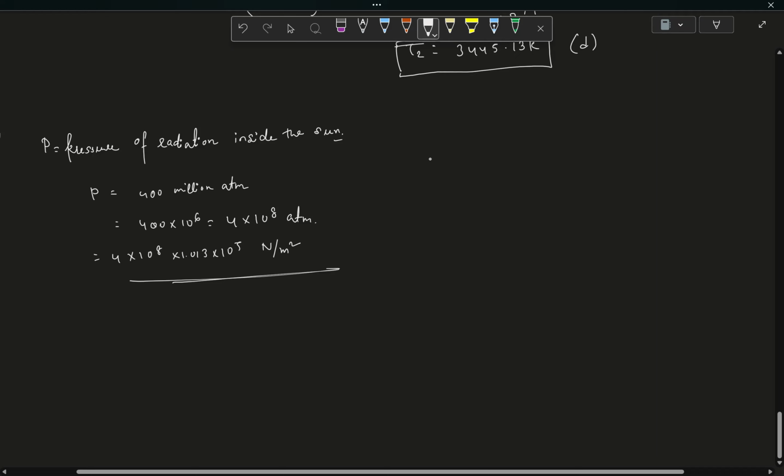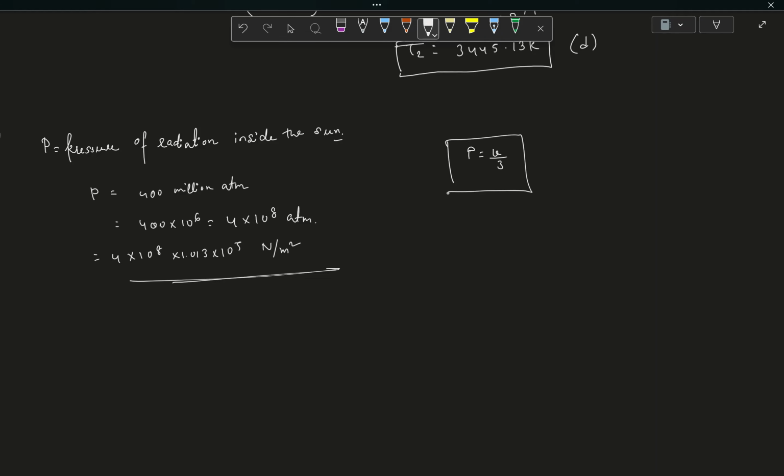So pressure of radiation of an object is P equal to small u by 3, where P is the radiation pressure and u is the internal energy density of radiation, which is capital U by capital V, where capital V is the volume of the object and capital U will be the internal energy.